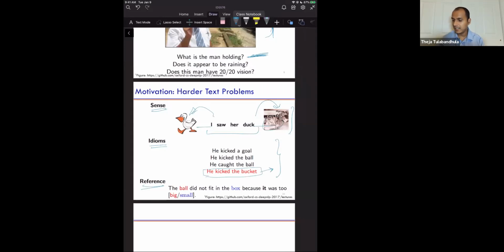And finally, the challenge of reference. For example, look at this sentence: "The ball does not fit in the box because it was too big or small." Now what does "it" mean? Does it mean the ball or does it mean the box?